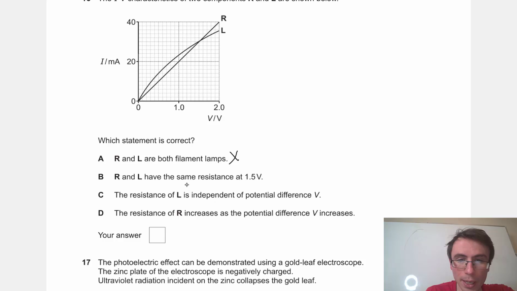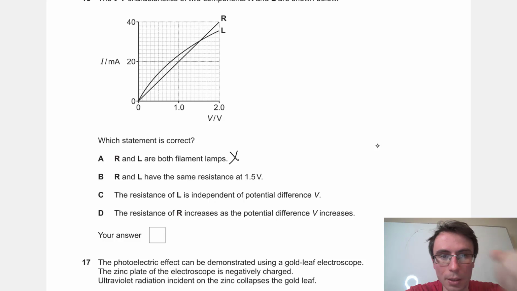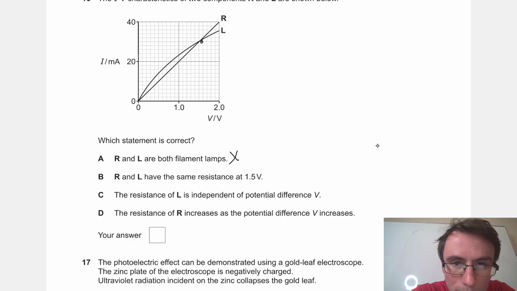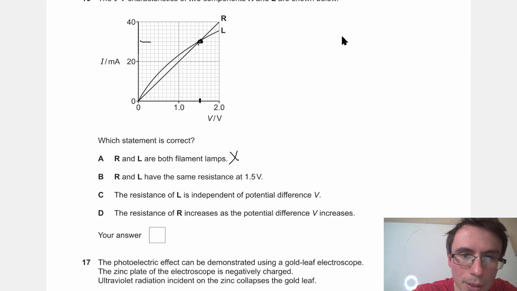R and L have the same resistance at 1.5 volts. Okay, 1.5 volts. I presume it's this point here. Hang on, middle point is there.